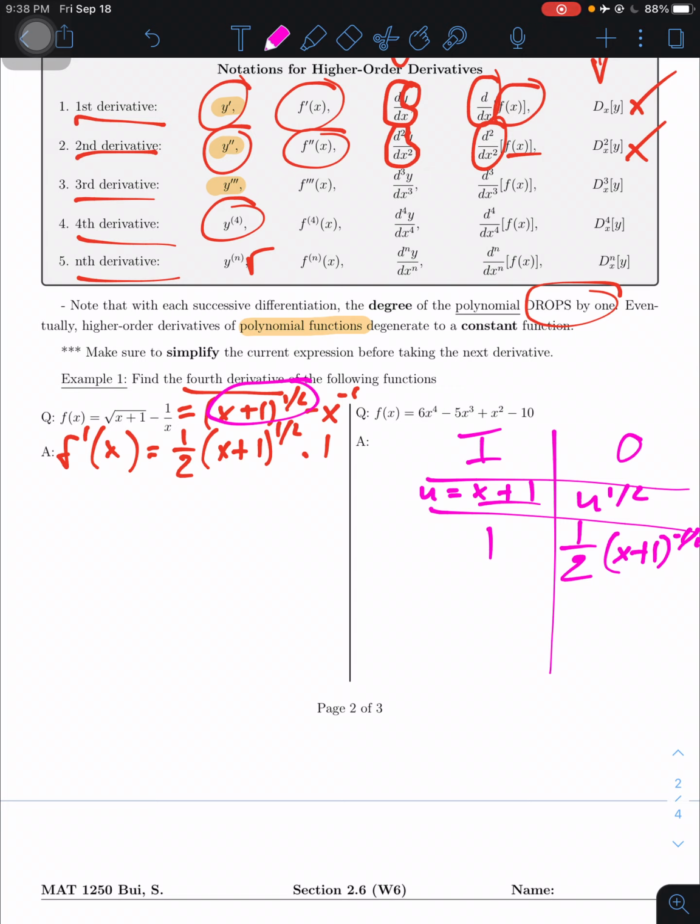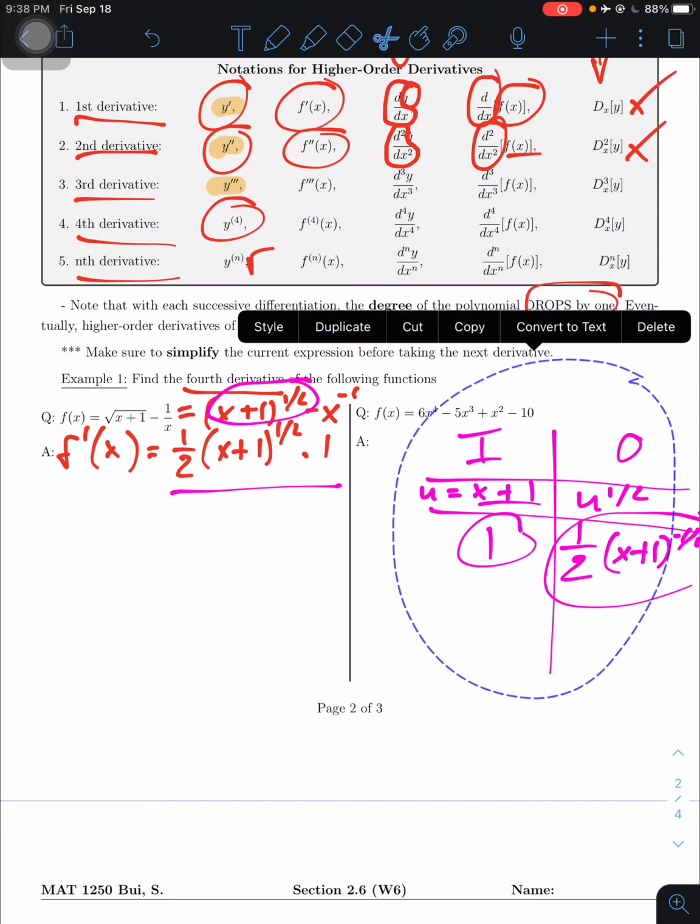That's why if I multiply this with this, I end up having this. Again, if you have any question about the chain rule, make sure you talk to me before you continue to watch this video. That's a little explanation for why we have the chain rule for the first term. Make sure you know how to do this problem really well, because you're going to see it on exam 1, too.